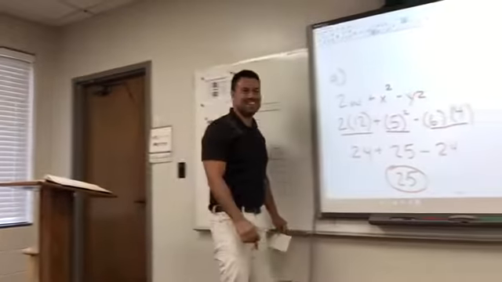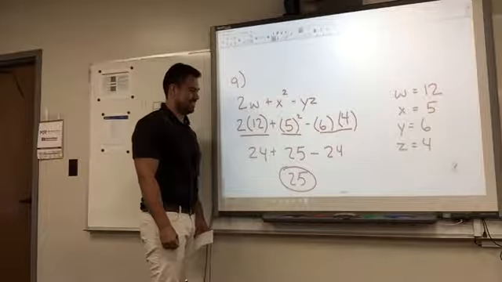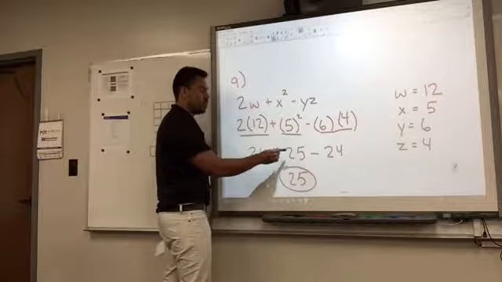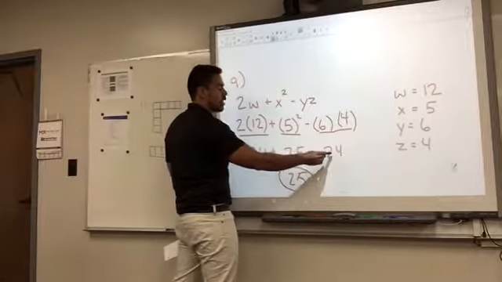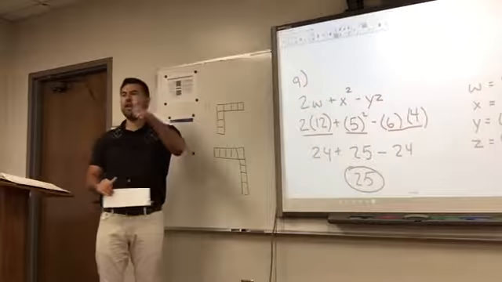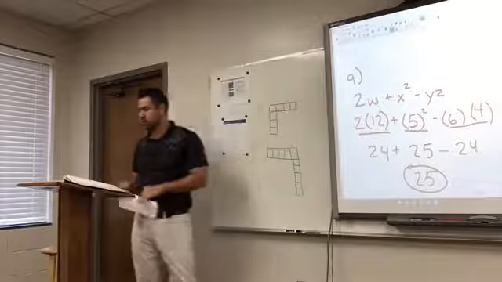Well, you're adding 24 and you're subtracting 24, so you can just block out the 24 and your answer is 25. Okay, inverse operations, you have 25. You add 24 and you subtract 24, you're left with 25. Could you do it 49 minus 24 and get the same answer? Yeah, but you can just look at your inverse operations.